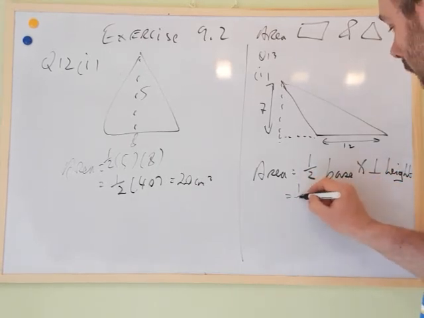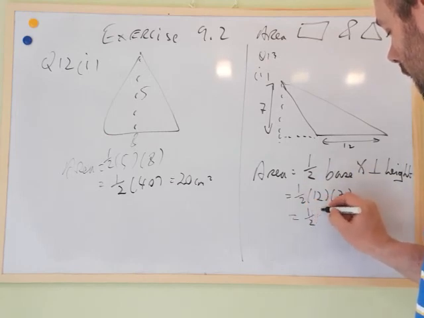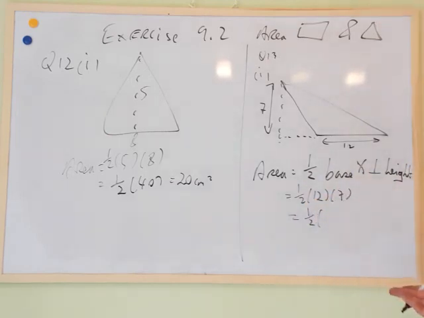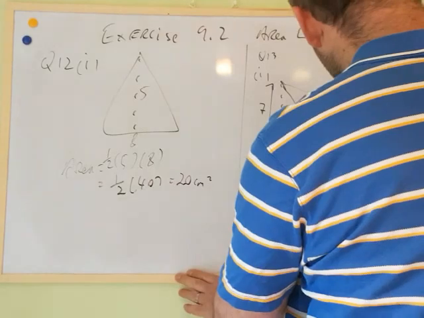So that's going to be a half of 12 by 7. Okay, so 12 by 7 is 84. And then a half of 84, half of 8 is 4, half of 4 is 2, so 42 centimeters squared. Okay? So, there are your examples.